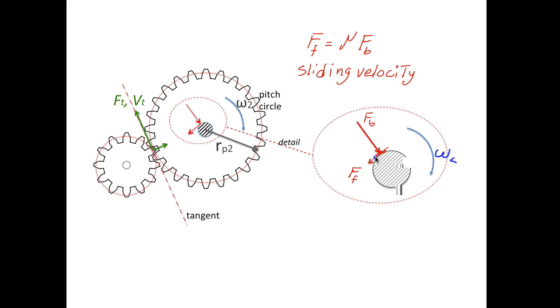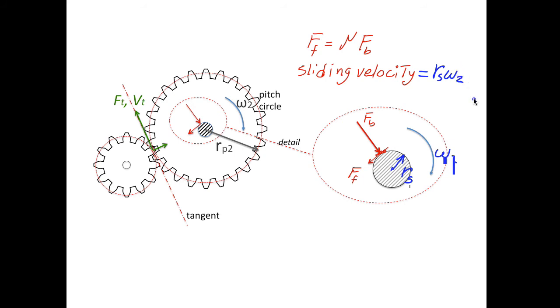And what it's actually doing is sliding in a slightly larger hole. So if it's sliding like this, then the friction force is directed that way, and the velocity is just going to be equal to the radius of this shaft, which I'll call r sub s, times omega 2.